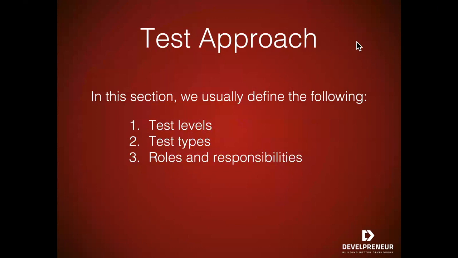So we can break the testing approach into three sections. So we have the test levels that list out the level of testing that will be performed during QA testing, such as unit testing, integration testing, system testing, and user acceptance testing. For instance, testers are responsible for integration testing, system testing, and user acceptance testing. The testing type section lists out testing types that will be performed during QA testing defined in the test plan.